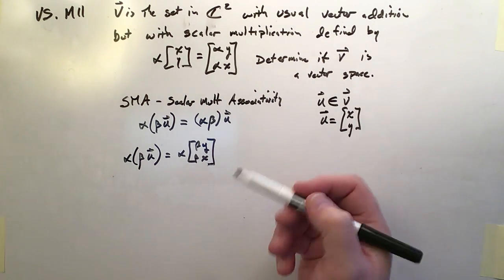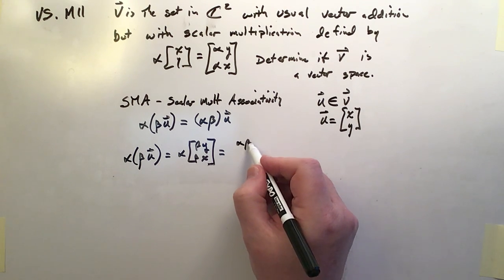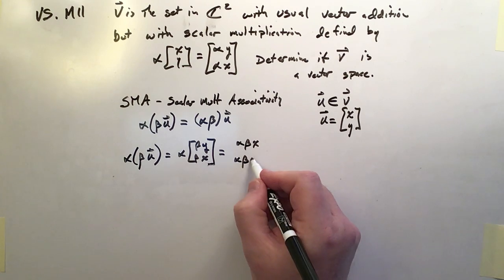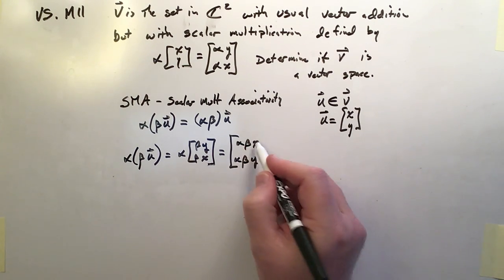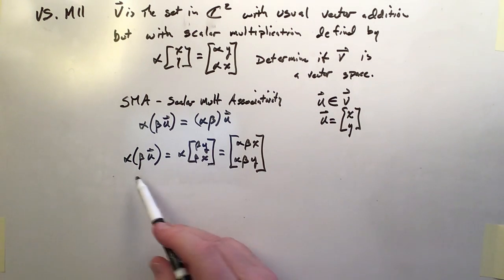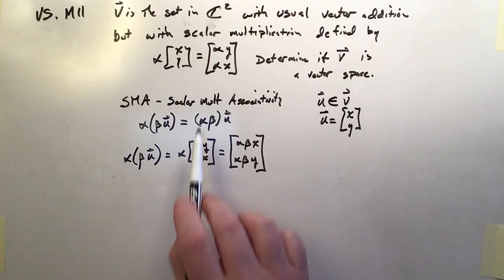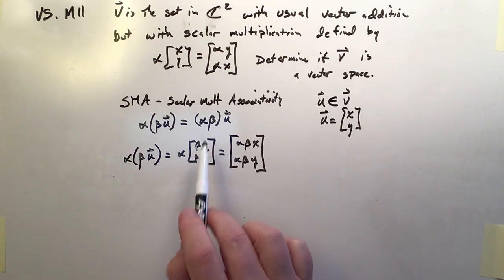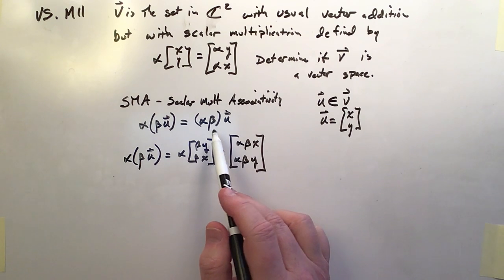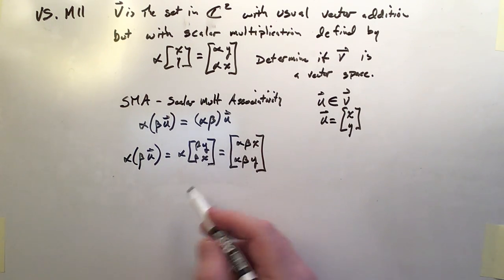And now we multiply alpha, so it flips it back. So that's going to be alpha beta times x over alpha beta times y. Because I did 2 instances of scalar multiplication, I had to apply this rule twice, once for beta and then once for alpha. But if we multiply alpha by beta, that's going to make a single new constant. I can just call it alpha beta. I could assign it another variable if I wanted, but because these are members of the complex number set, they're just going to form a new constant.